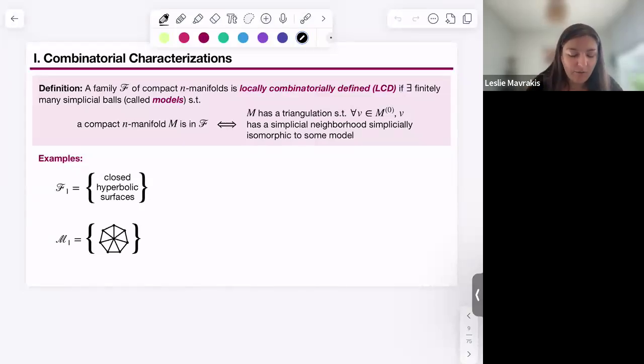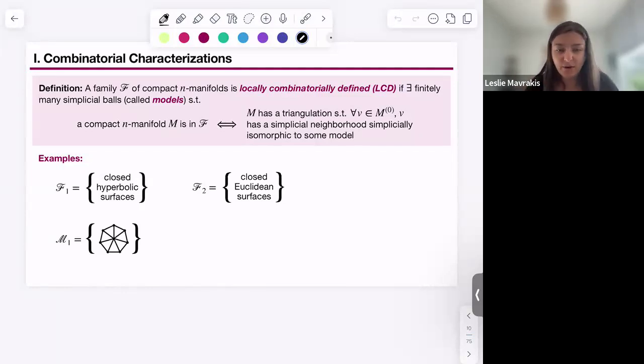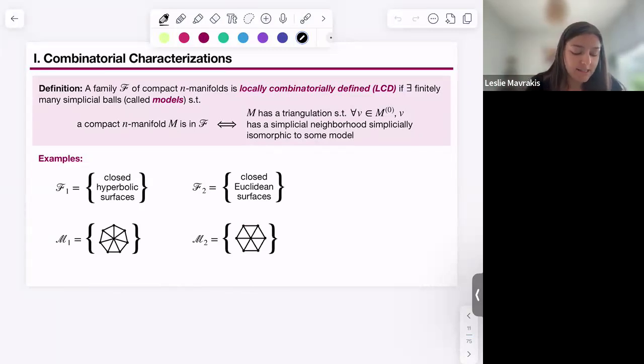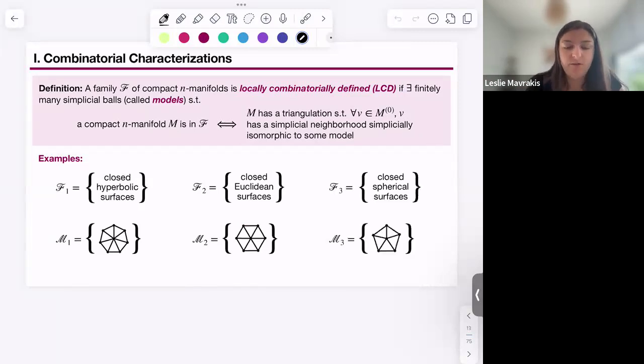In a similar way, the set of closed Euclidean surfaces, so the torus and the Klein bottle, is an LCD set, and the model looks exactly the same, except the center vertex has valence 6. And then closed spherical surfaces are also LCD, and your center vertex has valence 5.